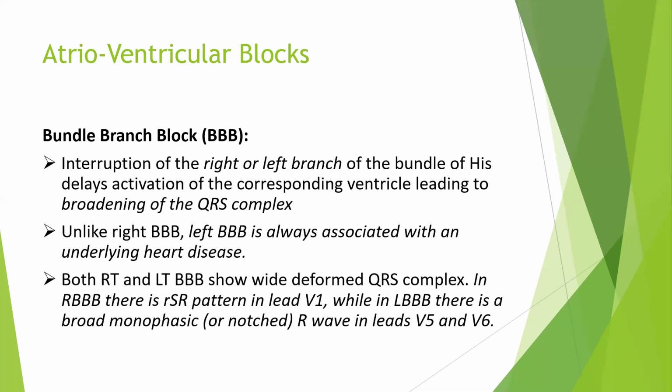But both right and left bundle branch blocks show wide deformed QRS complexes, and you can notice this on your ECG. For the right bundle branch block, you see the RSR pattern in lead V1, while in left bundle branch block, there's always a broad monophasic or a very tall notched R wave in leads V5 and V6.